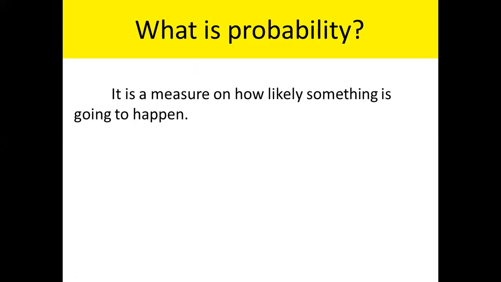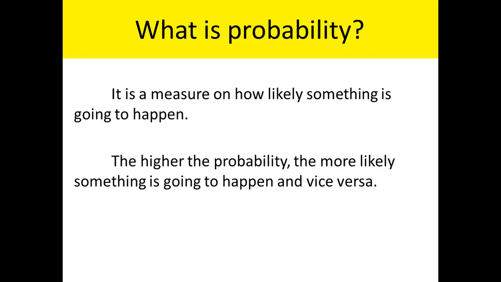If you are asked, for example, will it rain this afternoon? If you look at the sky and it is cloudy, then there is a great possibility or probability that it will rain. So it is a measure of what will be the outcome or the result of the thing.